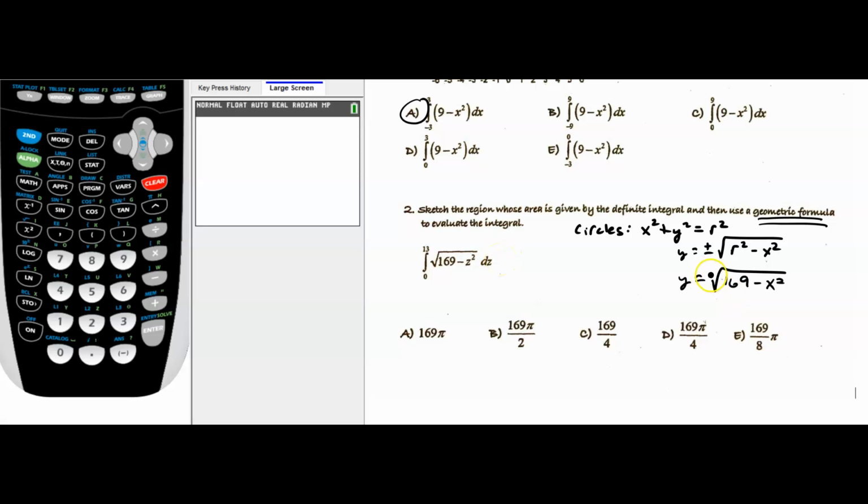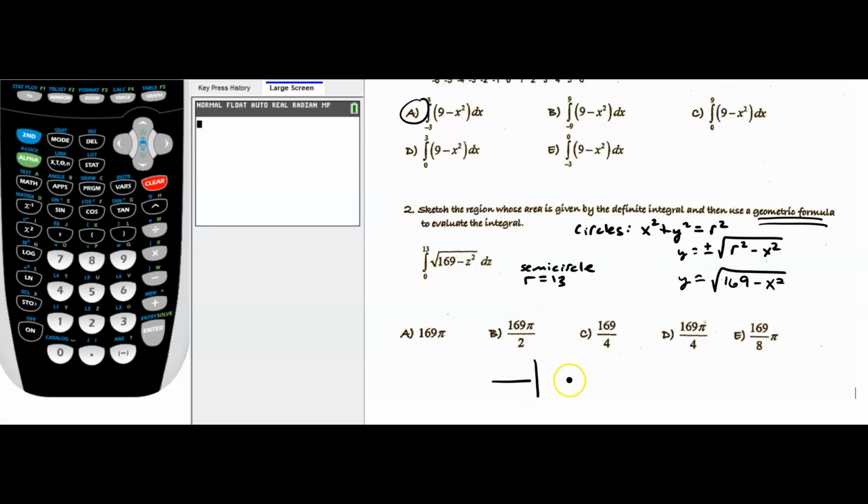It's the positive part of the circle, so it's the top part of the circle. So it's a semicircle, and it's got a radius of 13 because 13 squared is equal to 169. And what's really tricky about this, though, is I'm not saying find the net area bounded by the entire semicircle and the x-axis.